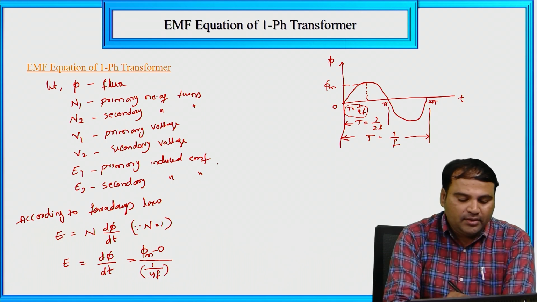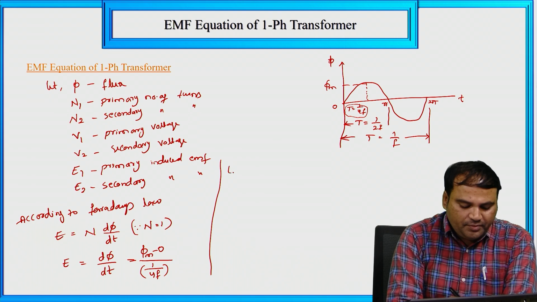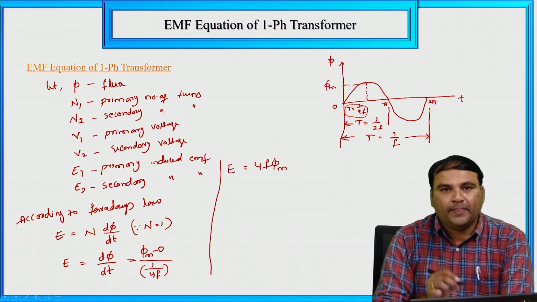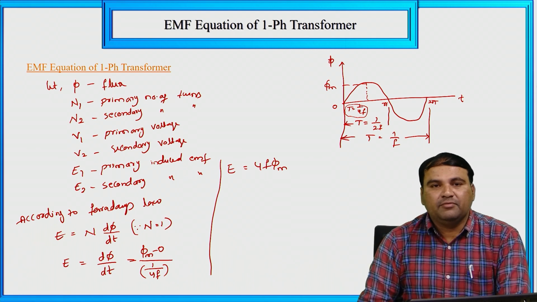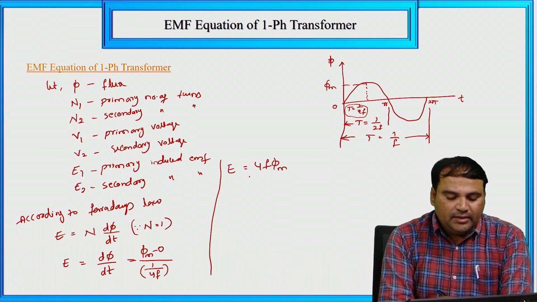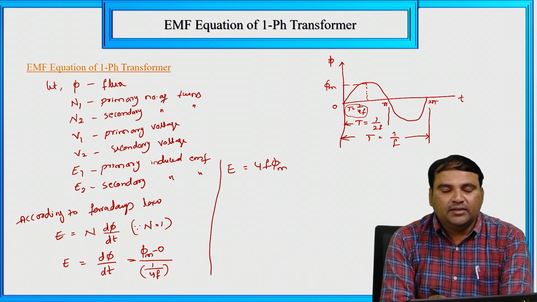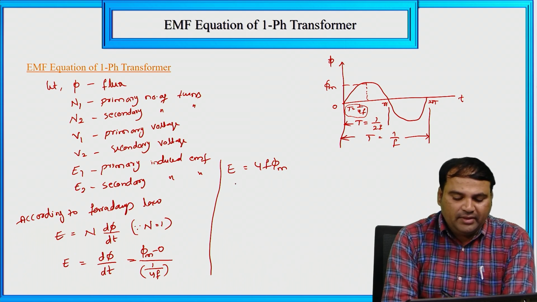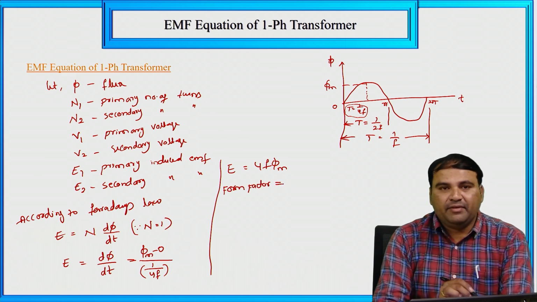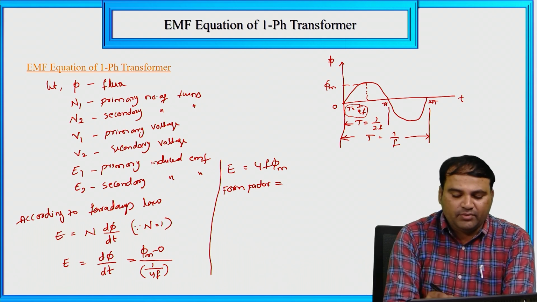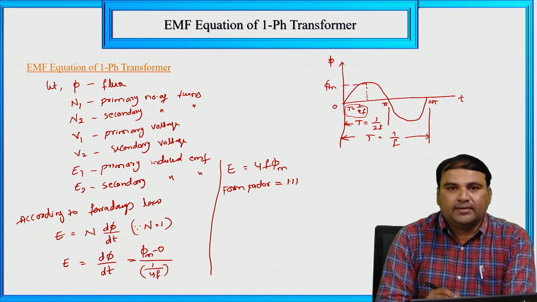Right? So now E we will get as 4f phi m. This is the EMF equation for one conductor. Here f is the frequency, phi m is the maximum flux, right? We have the form factor for all the AC quantities. Form factor is defined as the ratio of the RMS value and the average value, that is equal to 1.11.